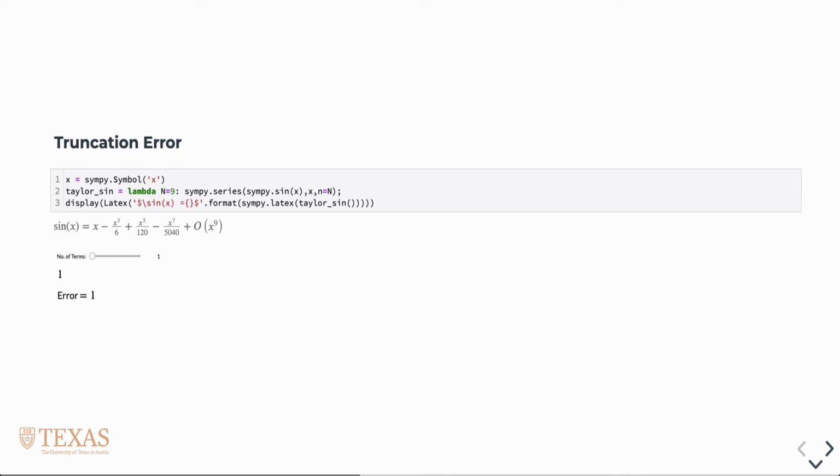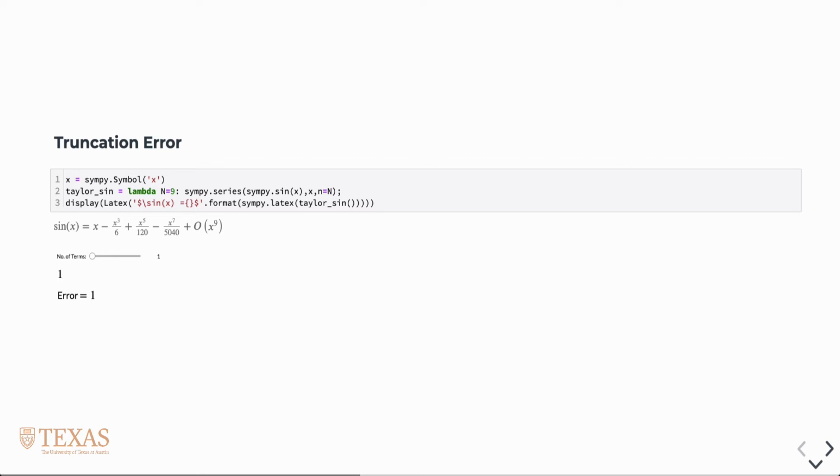In this case, I'm only printing out the first 7 terms of the polynomial, and we know that a Taylor series only approximates the function it's set to approximate exactly when it is extended to infinity, right?